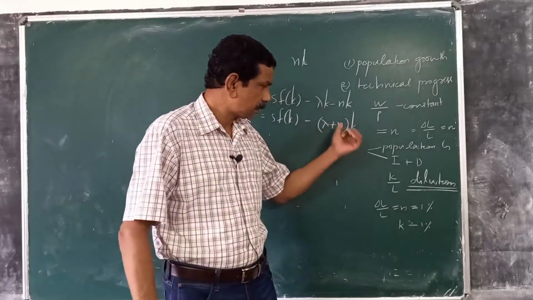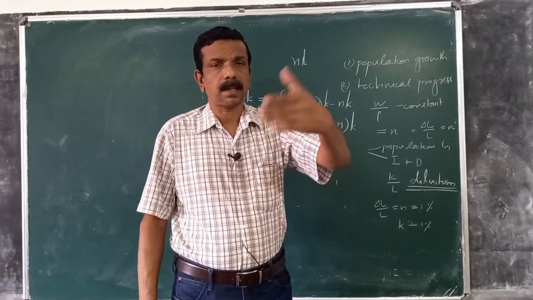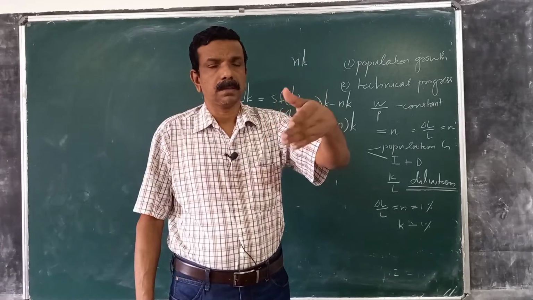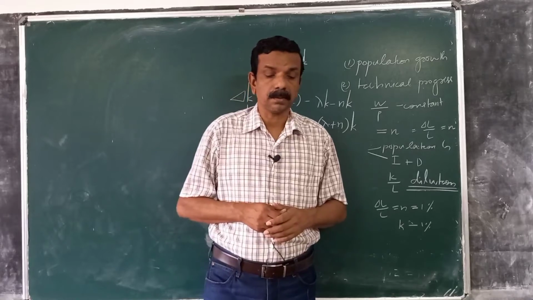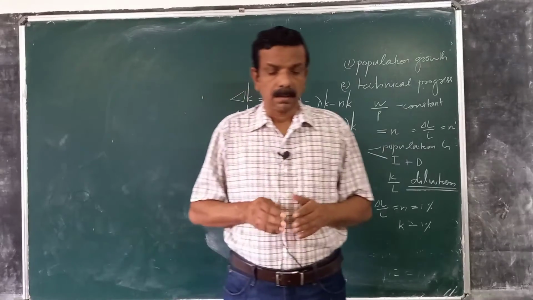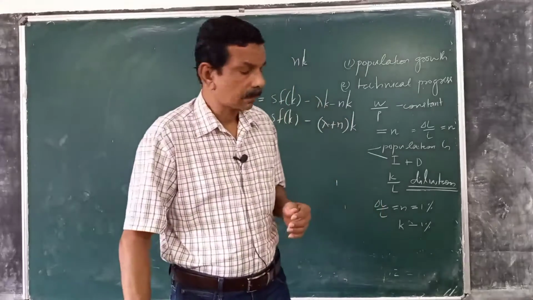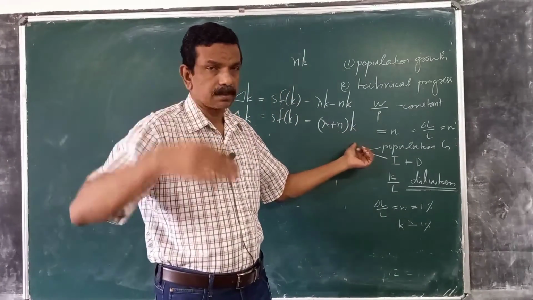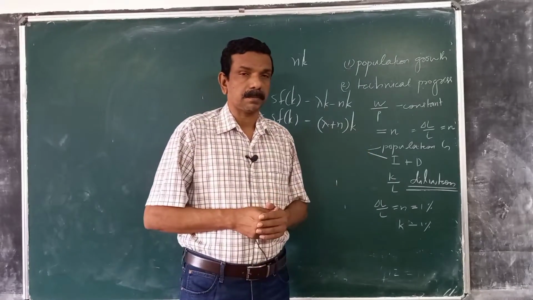So depreciation reduces K by L because a part of the capital accumulated will be used for replacing wear and tear. Population growth also lowers K by L because capital should be provided to the increased labor force over time.